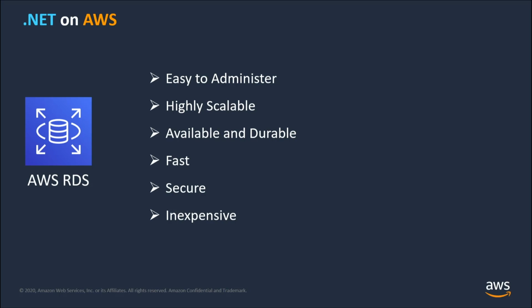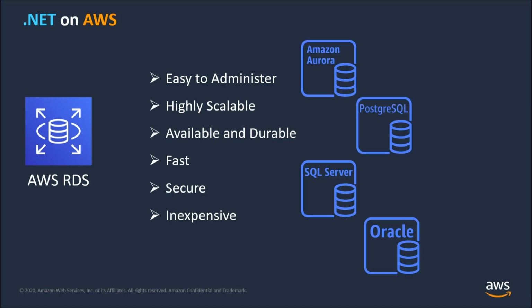It completely frees you to focus on your applications so you can give them the fast performance, high availability, security, and compatibility they need. It supports many database engines like Aurora, PostgreSQL, SQL Server, Oracle, etc.